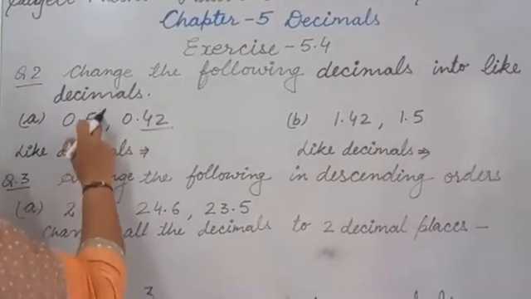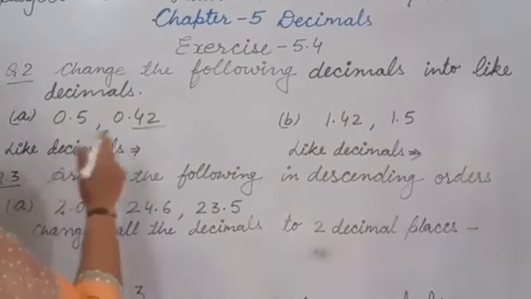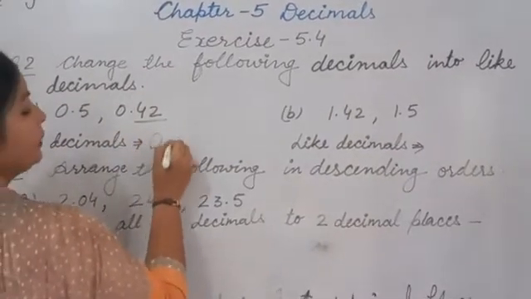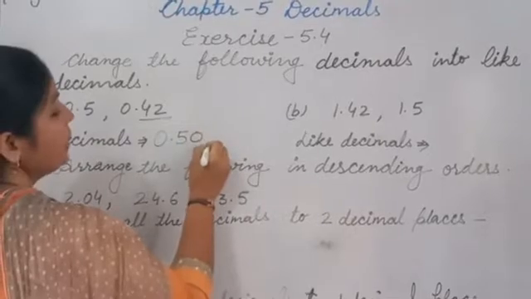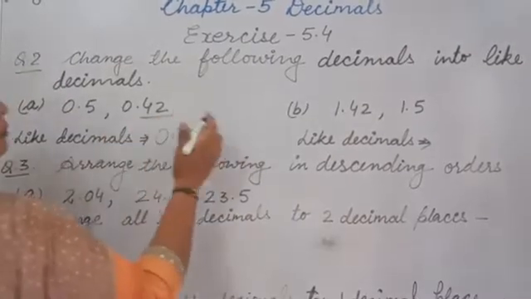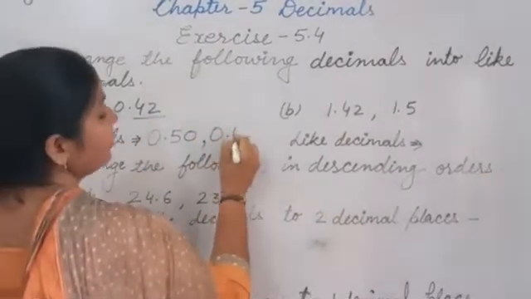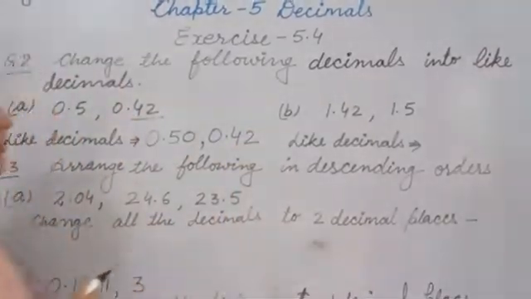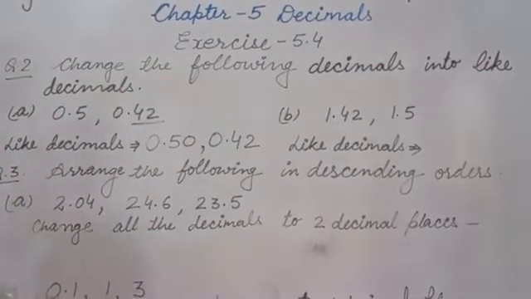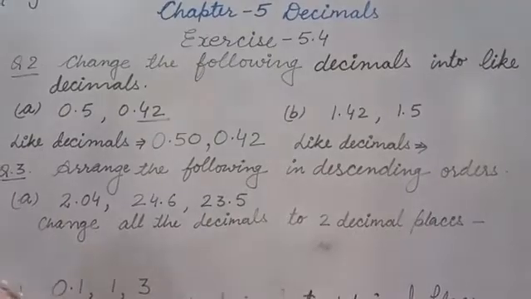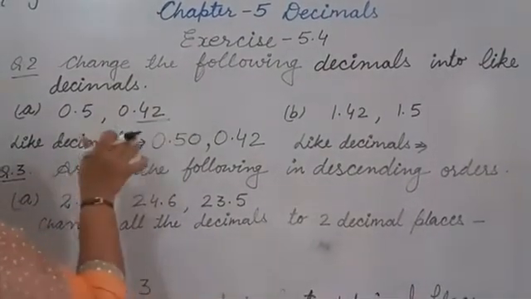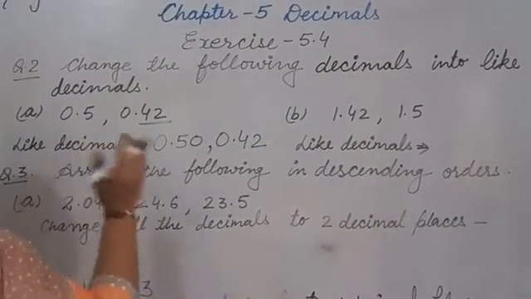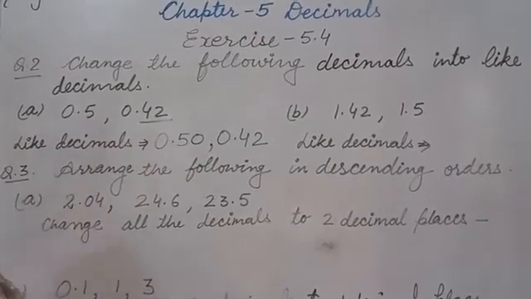For that we will use a 0 here. So like decimals, now it becomes 0.50, and the second will remain the same, 0.42. So whenever you convert into like decimals, you should make the same number of decimal places. You will see in which number the highest decimal place is, and the same number of places we will make in all the numbers.